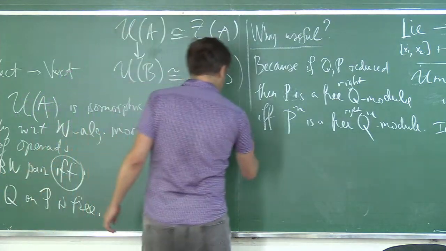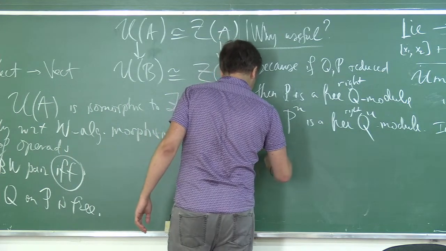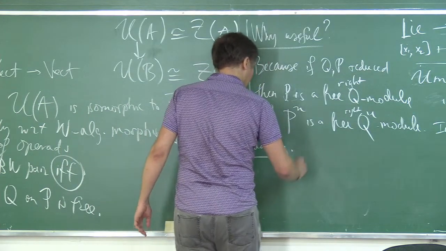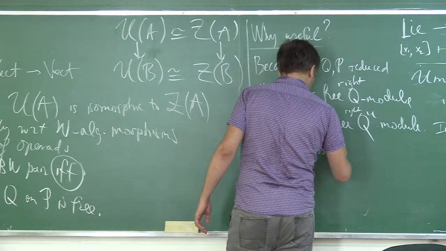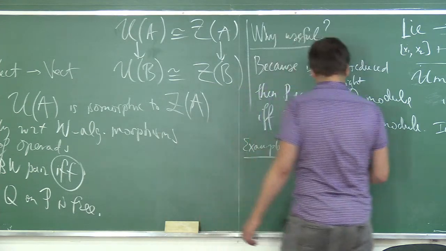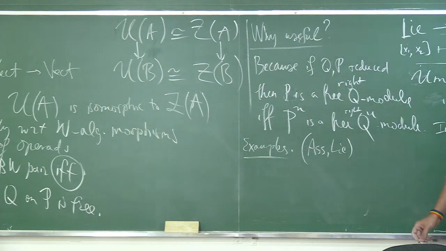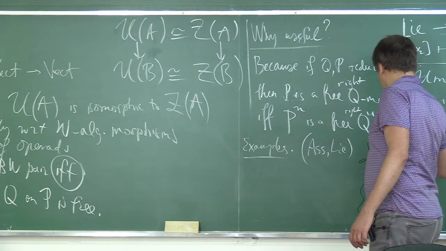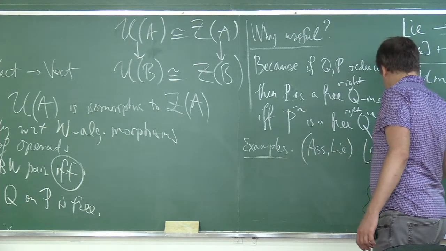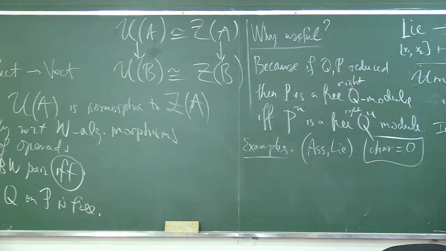So to finish, a couple of examples. Of course, if you take associative algebras and Lie algebras, you can reprove the classical result, but you can reprove it in characteristic zero.